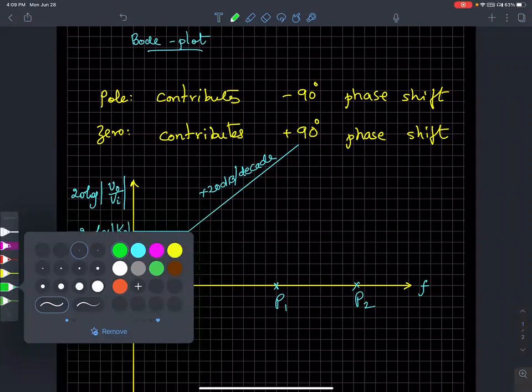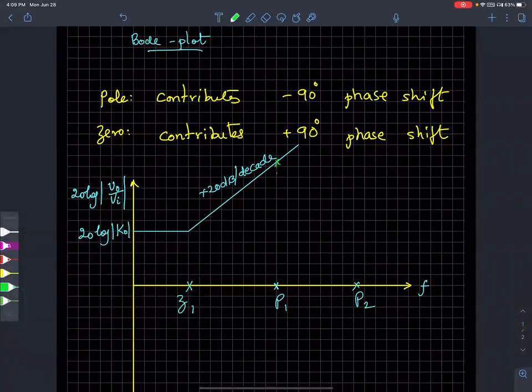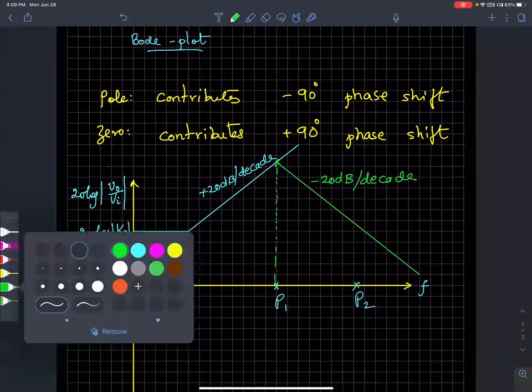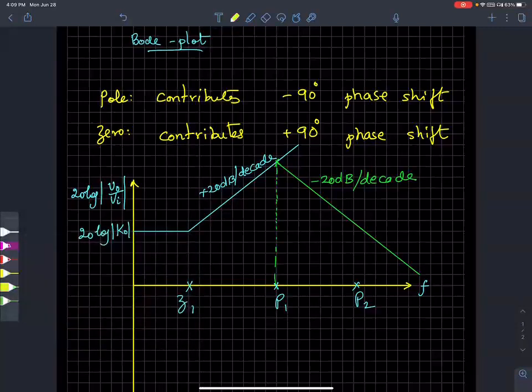When you reach the pole frequency, the pole always has a property of bringing down. Because of pole 1, you expect a negative 20 dB per decade effect. When you hit the second pole, there's going to be a further drop of negative 20 dB per decade.